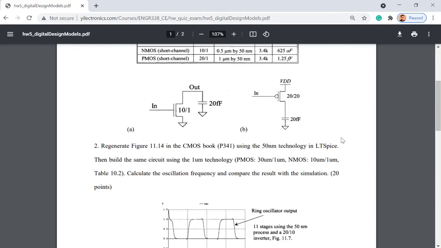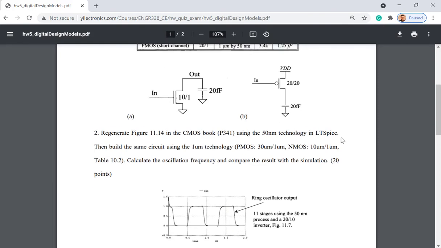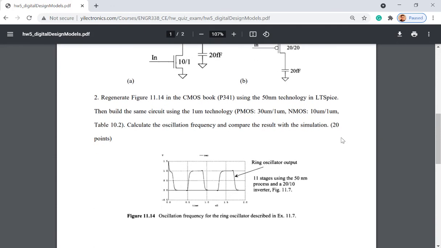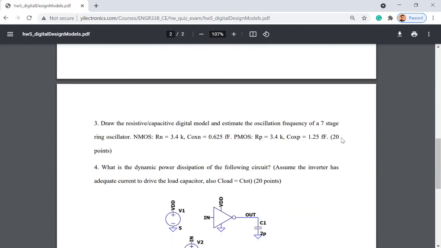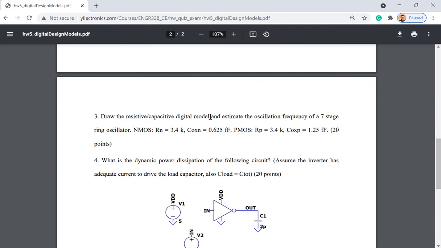Okay, next. For the ring oscillator RC model, I think that is number 2, number 3. Draw the resistive capacitive digital model and estimate the oscillation frequency of the 7-stage ring oscillator.